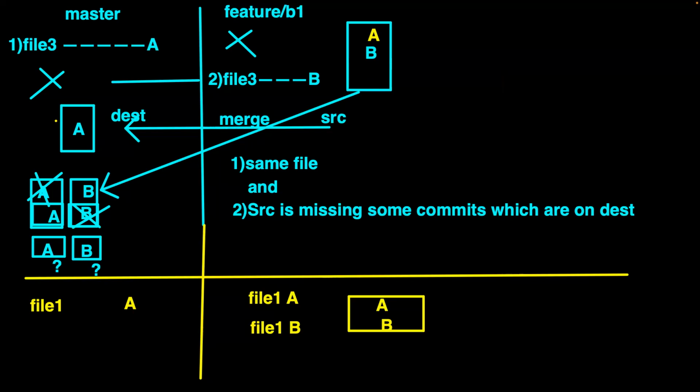So Git will show you a conflict. Git doesn't know. Git is after all a tool. It cannot decide which commit to override, which commit to keep, or what to do with those commits. So fast forward merge fails here, automatic merge fails here. Git will show us the conflict. So a conflict is not something which you should avoid. It's a good thing, it's good to have.